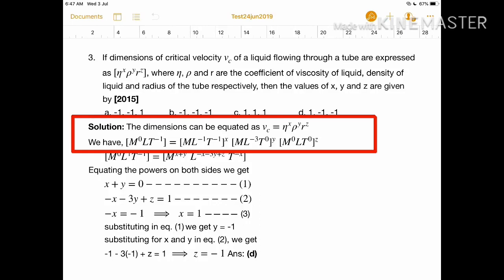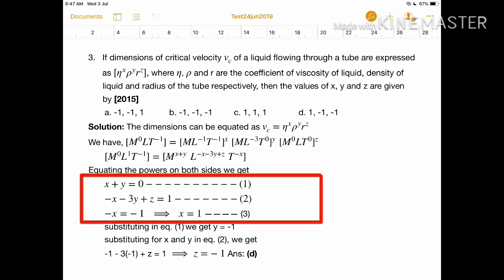For the solution, the dimensions can be equated as Vc equals eta power x, rho power y, r power z. We can now substitute the dimensions for the velocity, the viscosity, the density and the radius.